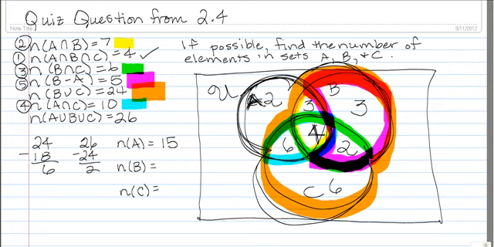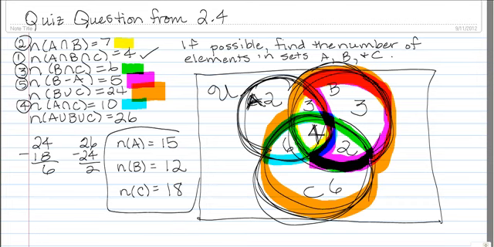Number in B, we have 3 plus 3 is 6, plus 4 is 10, plus 2 is 12. Number in C, we have 6 plus 6 is 12, plus 4 is 16, plus 2 is 18. So we can actually give the answers.